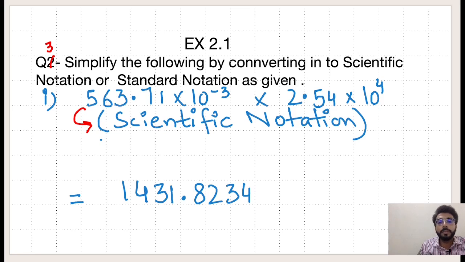563.71 into 10 to the power negative 3, multiply, and the multiply sign is between two numbers in scientific notation. One is here, one is here.